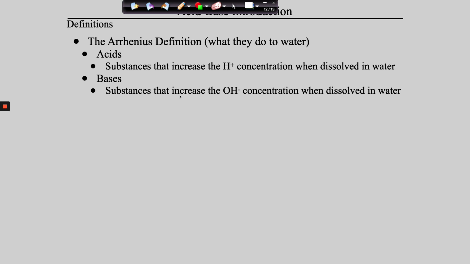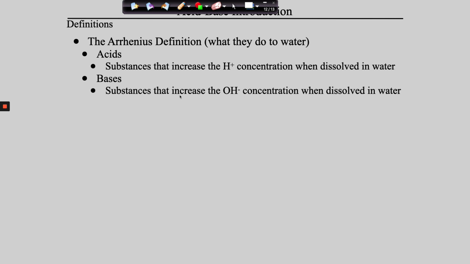I have them memorized. You should too. But what do all 7 of those things have in common? They all have hydrogens. And when they go into water, they give away their hydrogens. Where do those hydrogens go? To the water. And what does that form? Hydronium ion.